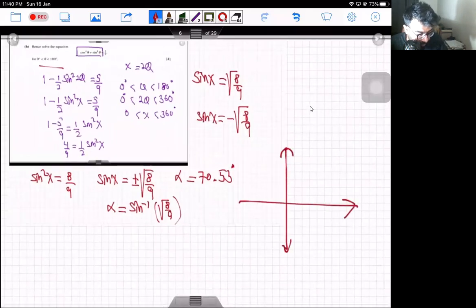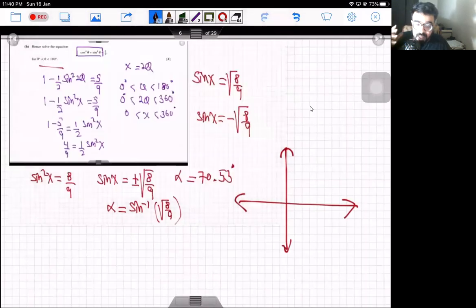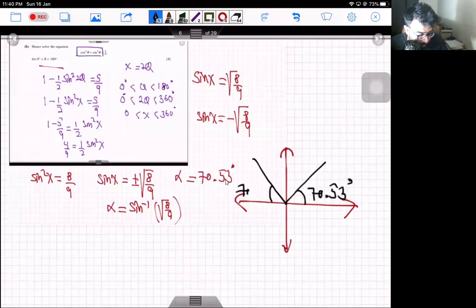So first of all, I'm considering the positive value of sine x, and I know that sine x is positive in the first quadrant and the second quadrant, so in these quadrants we are going to make the slant lines. This basic angle alpha always lies between the slant line and the horizontal axis. So 70.53 over here and 70.53 over here.